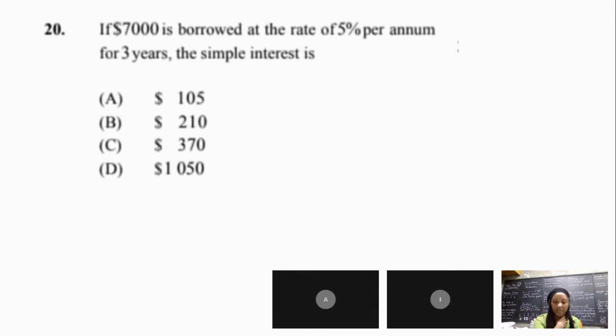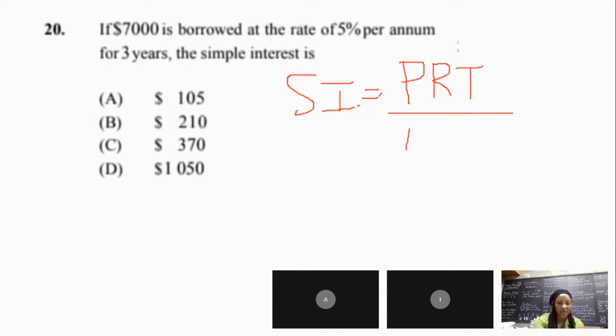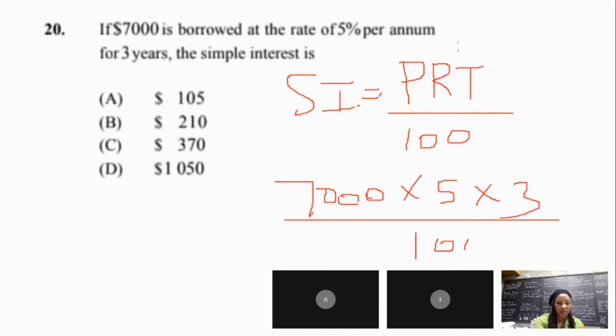All right. Number 20: $7,000 is borrowed at a rate of 5% per annum for 3 years. So simple interest is the principal, which is the amount borrowed, times the rate, which is a percent, times the time in years over 100. So it's the principal, $7,000, times the rate, 5%, times the time, 3 years, over 100.